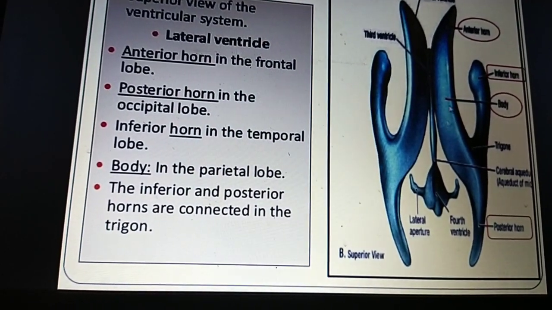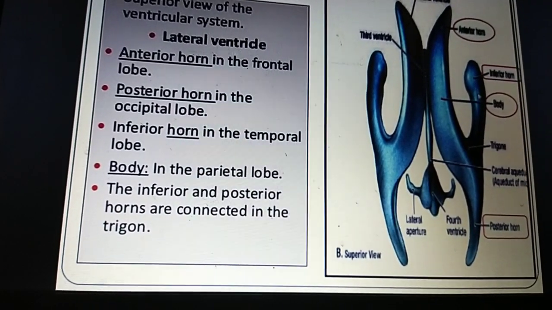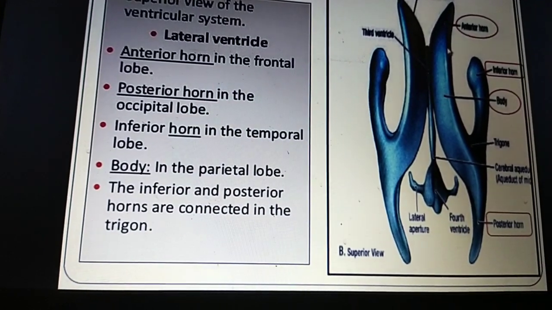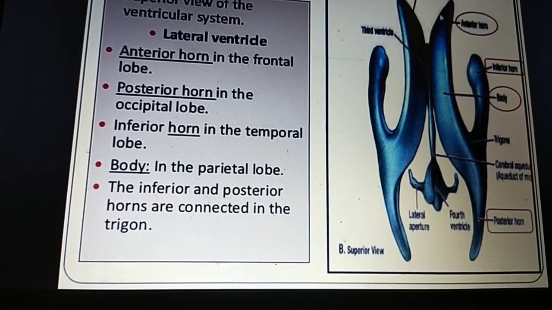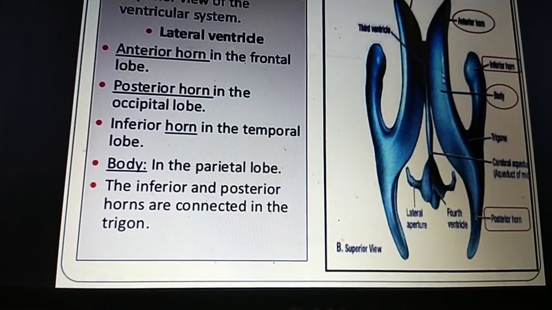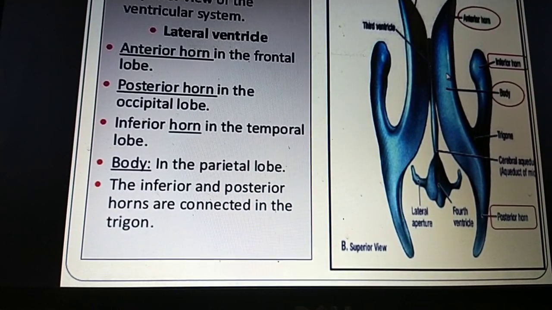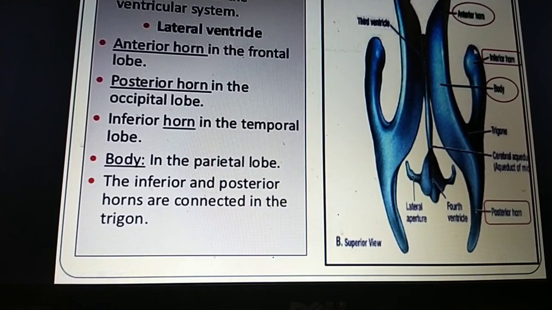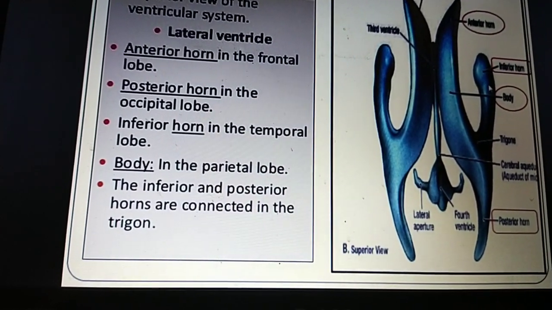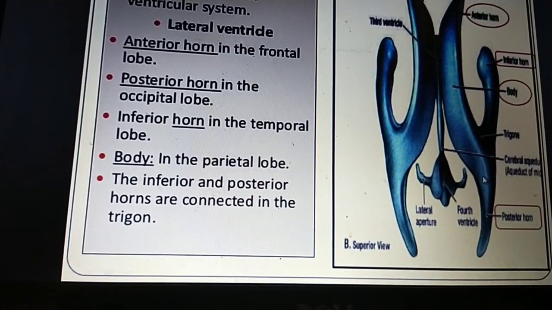You can see here, this is the anterior horn, this is the inferior horn, this is the posterior horn, and this is the body. The anterior horn is present in the frontal lobe of the cerebrum. The body is present in the parietal lobe, the inferior horn in the temporal lobe, and the posterior horn in the occipital lobe.